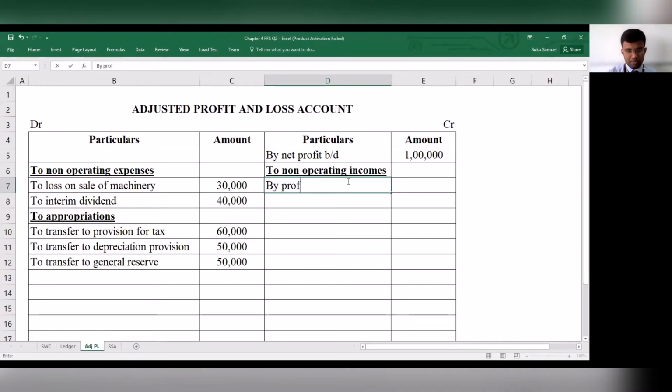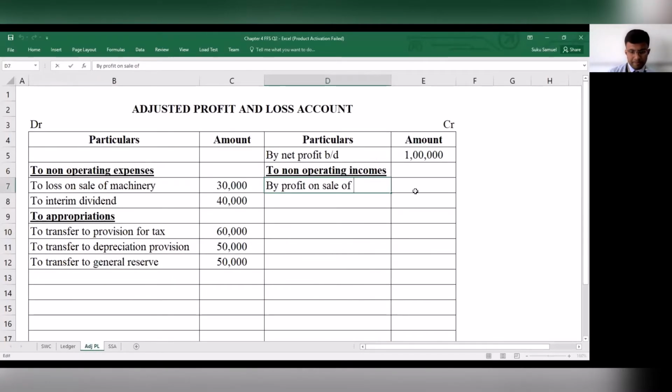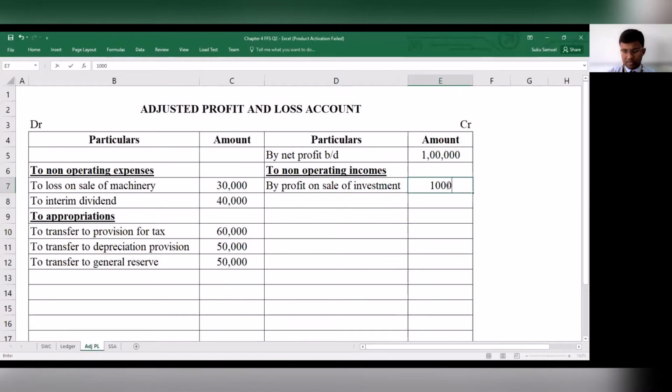By profit on sale of investment, which is 10,000.